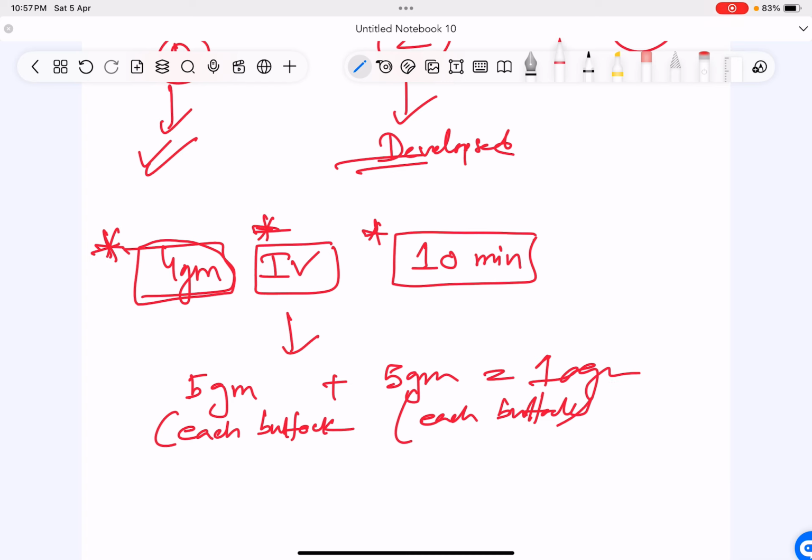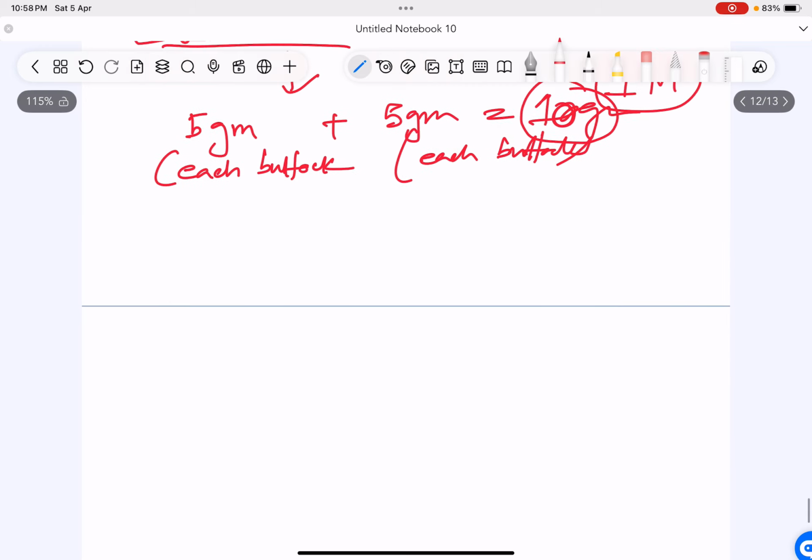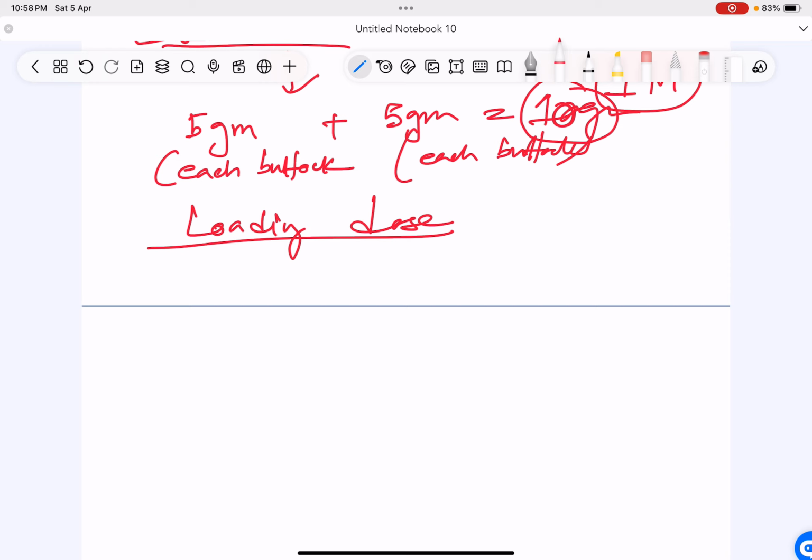So we are giving 4 gram IV and 10 grams IM, 5 gram in each buttock. So this is the loading dose: 4 gram IV and 10 gram IM.